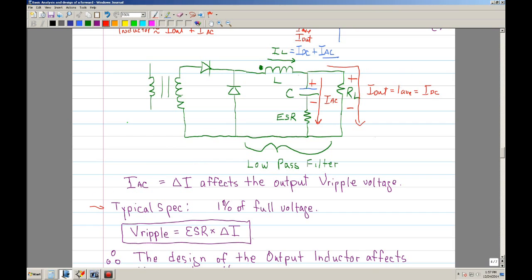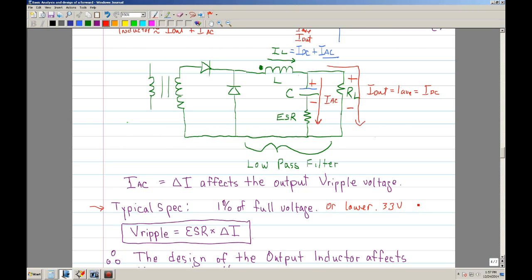Now typically in a power supply, when you look at the specification of a power supply, it's not unusual to see a specification of 1% of the full voltage, or lower. Okay, and the example that I'm going to be using is I will be designing for a 3.3 volt supply.